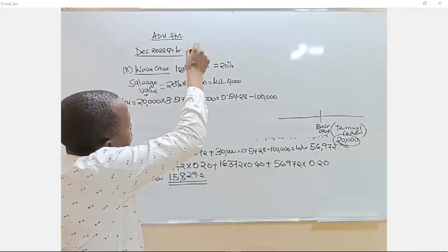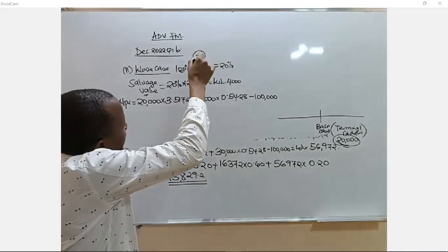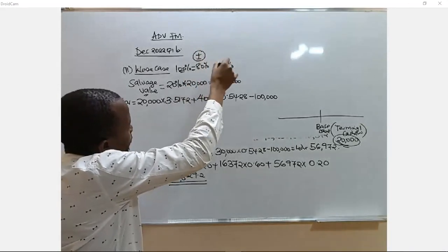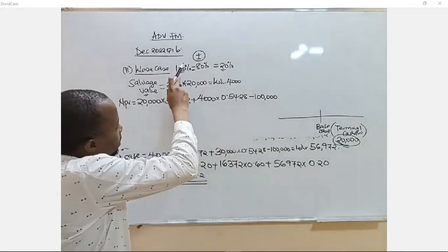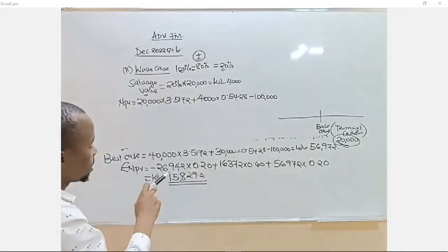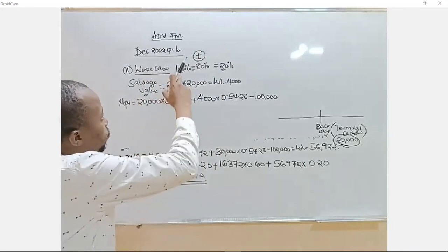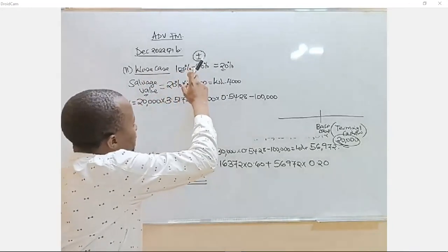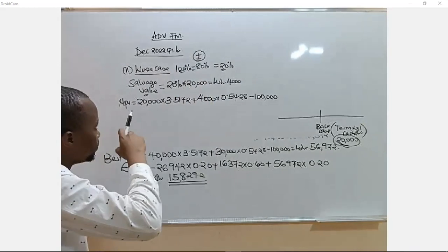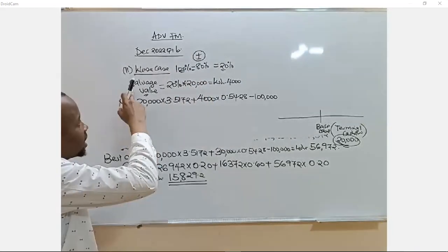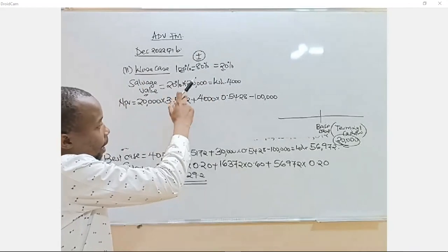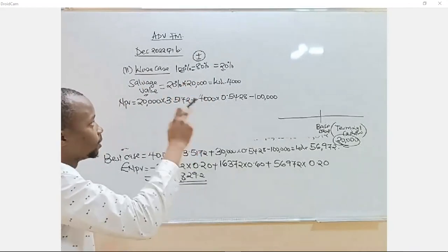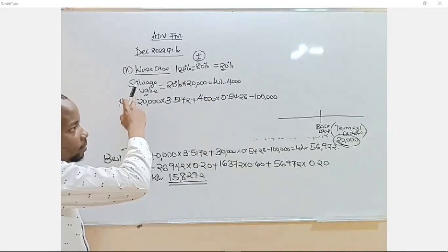So tunatumia positive or negative. So the negative aspect, we are getting the difference of 20%. Tukienda ile ingine ya positive, it will be 100 because we are being told the worst and best. So it will be 100% plus 80 we are going to be getting for the best case scenario. And then we calculate the salvage value for the best case scenario by taking 180% times the 20,000 for the salvage value, because we just want to get the salvage value, nothing else.